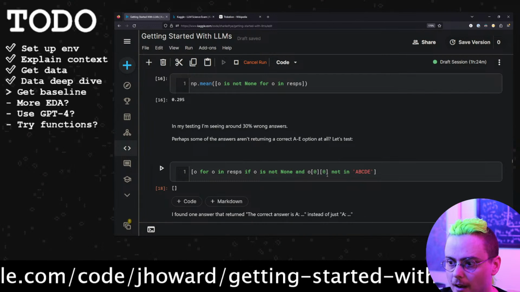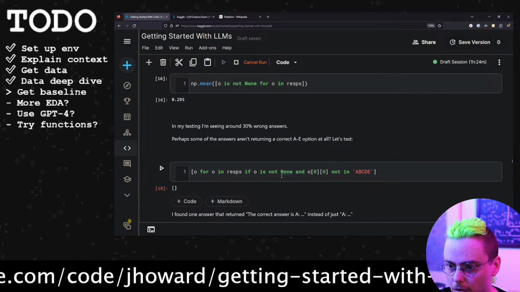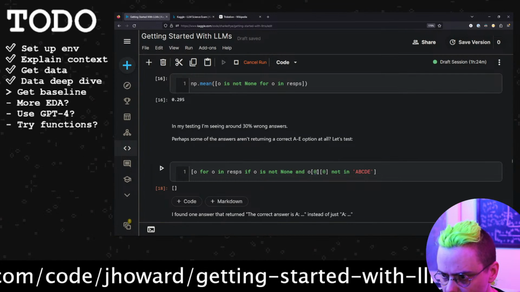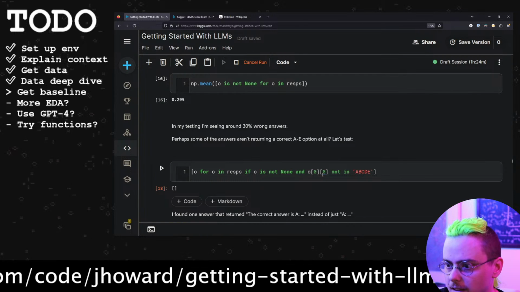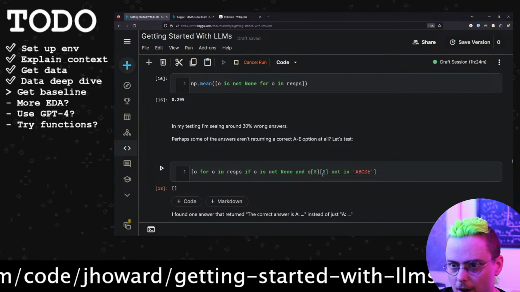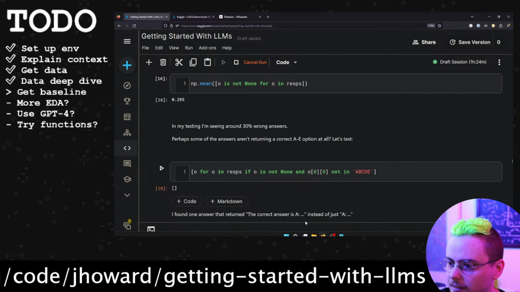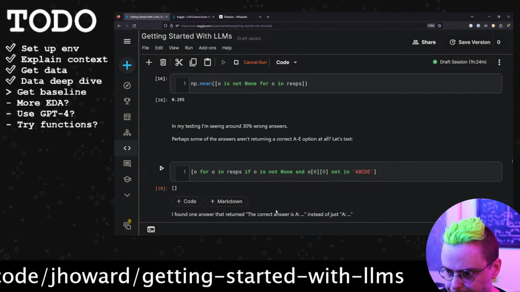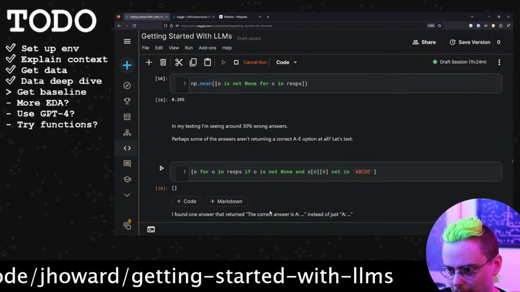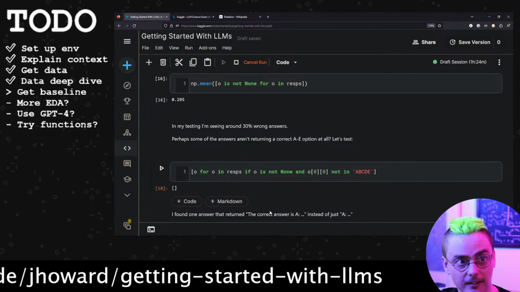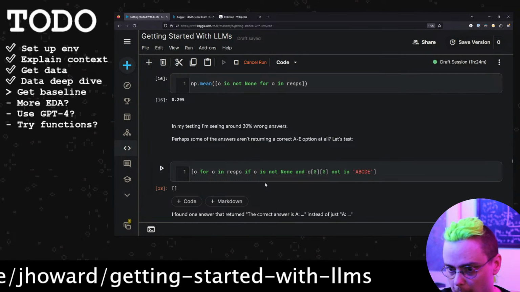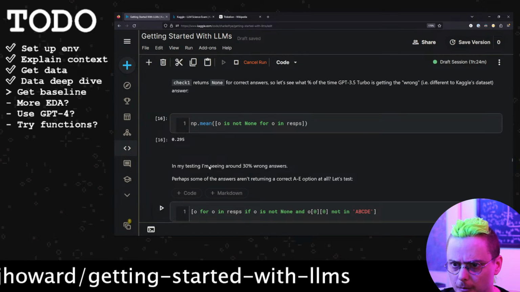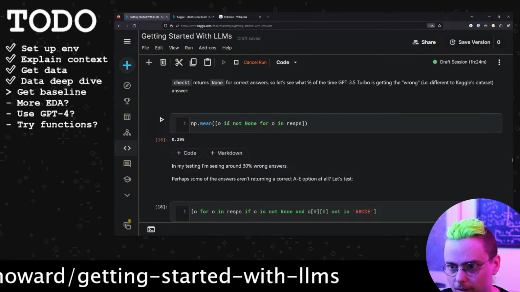The response had a letter of A, B, C, or D in it. Jeremy at least once saw an answer like "the correct answer is A" instead of just "A", but that didn't happen for me. So there's some stochasticity with these language models.